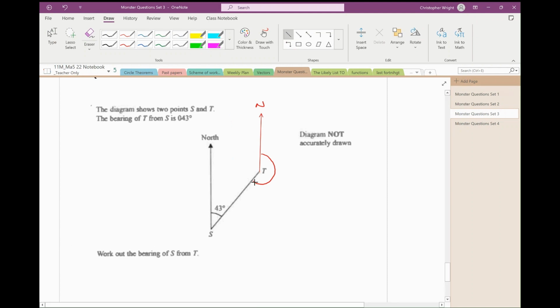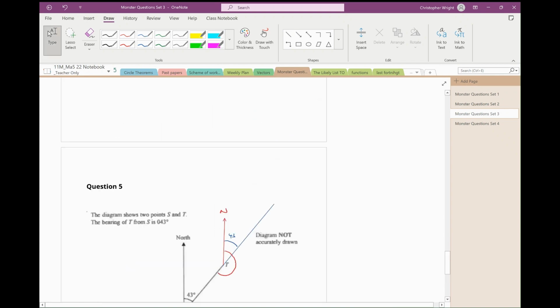I'm going to extend this line up here, and now I know that this angle is equal to 43 because it corresponds to the 43 down here, and I know that the remainder of the bearing is 180. So the bearing of S from T is 180 plus 43, 223 degrees. And that is question 5 done.